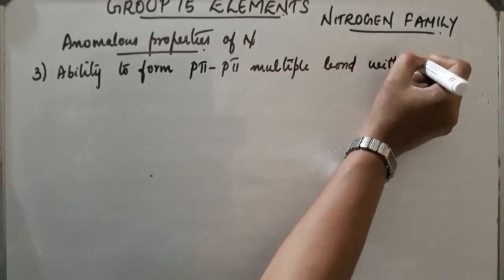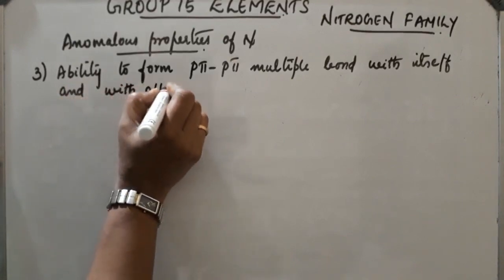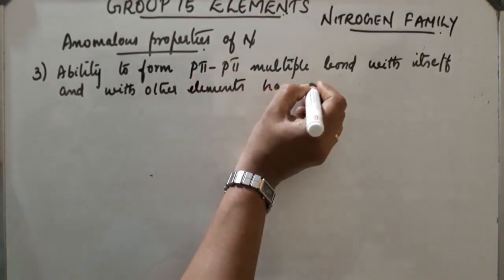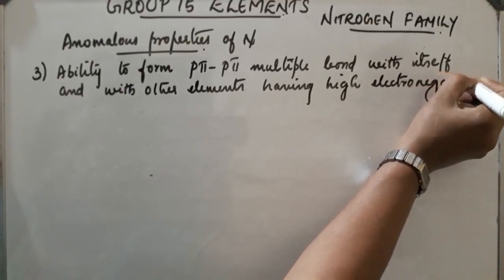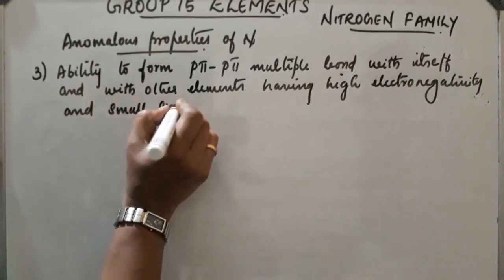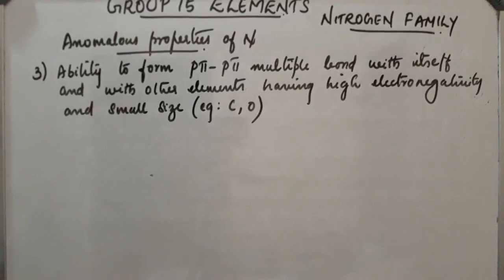Example, carbon, oxygen. So nitrogen has a tendency to form p-pi multiple bonds with itself, that is N triple bond N, N triple bond C, N double bond O. Like that, it can easily form p-pi multiple bonds with itself and with other elements having high electronegativity and small size.